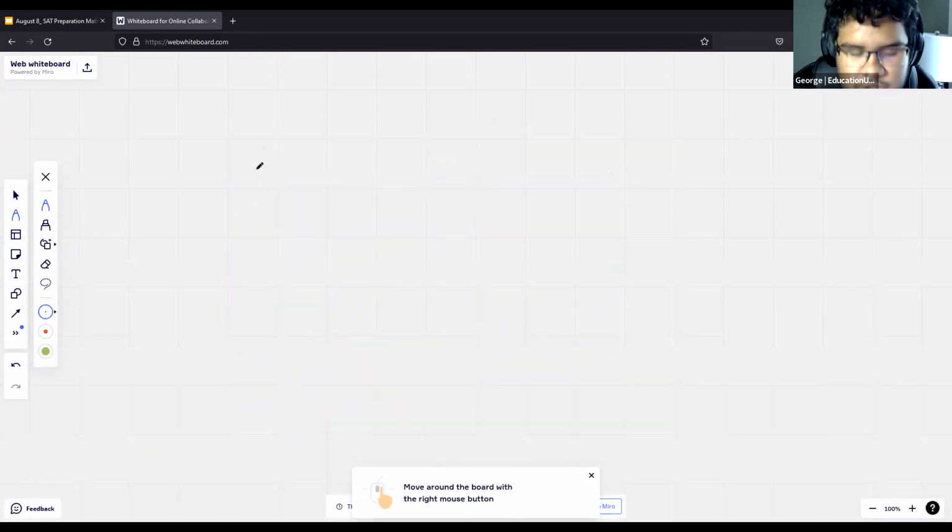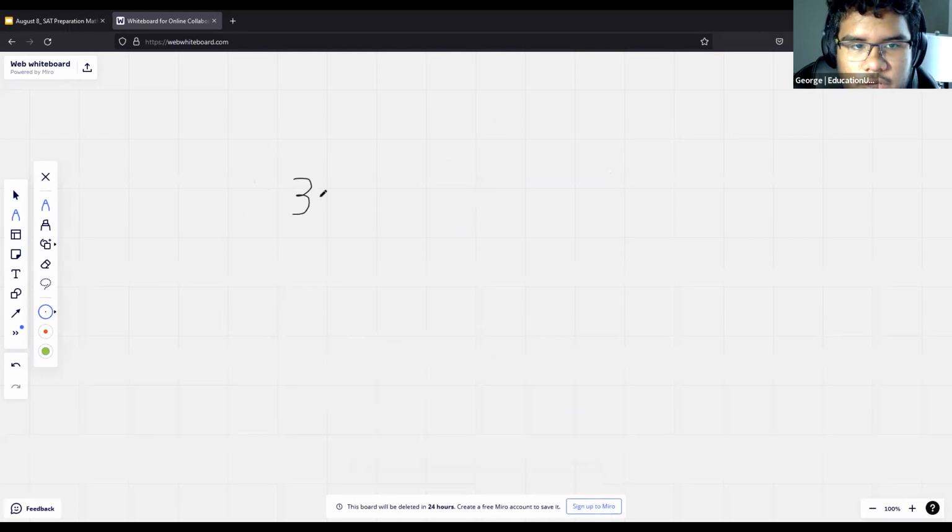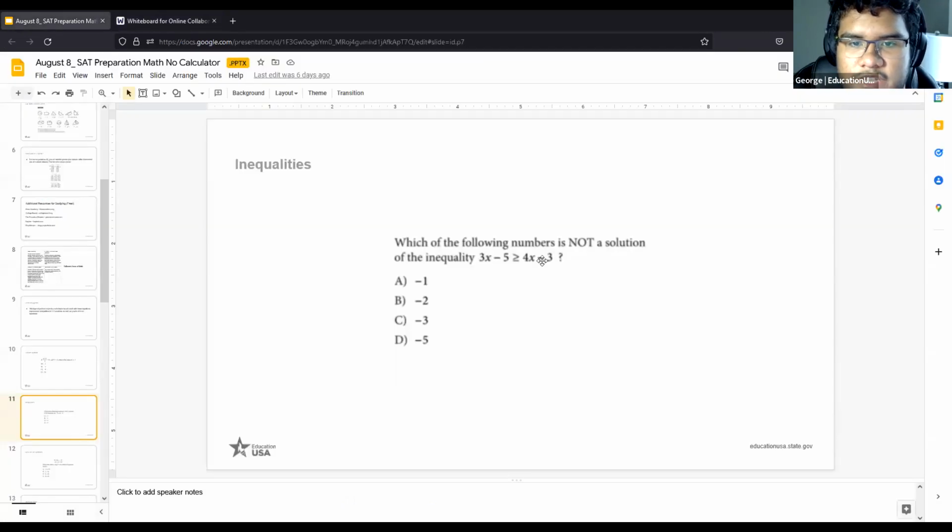Okay, so we are starting with the original inequality that we were given here, namely 3x minus 5 is greater than or equal to 4x minus 3. And the question here is asking which of the following numbers is not a solution of the inequality.